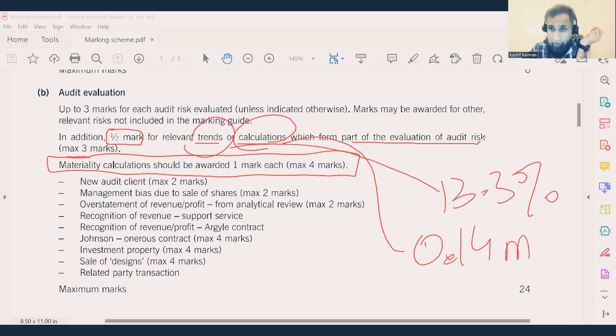So every time you do a calculation or you do a trend, you will get an extra half a mark. But how many extra half marks can you get? To a maximum of 3. I hope you're clear with the marking scheme, right? All of you. Okay, let's go back to my support file to wrap up this discussion now. It's been a lengthy one, but I hope that you have benefited from this, all of you.